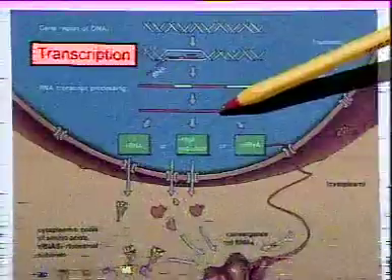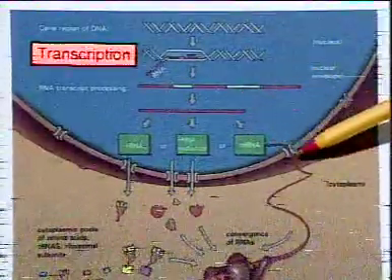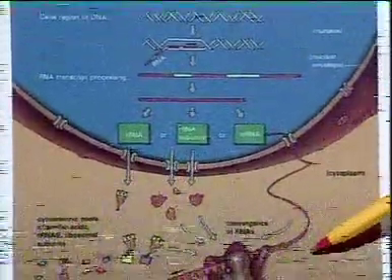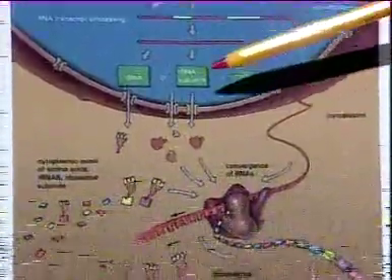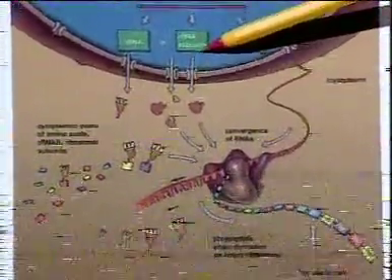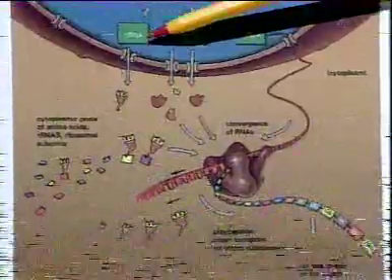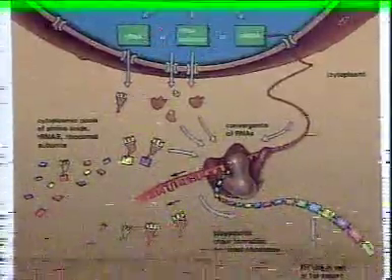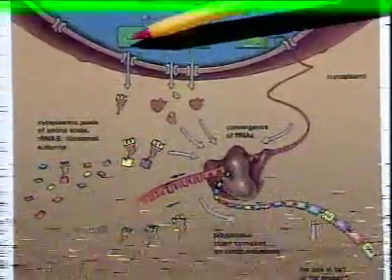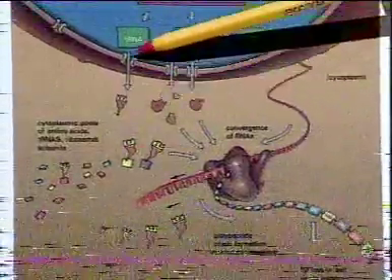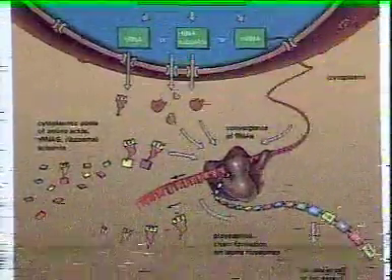Then this mature messenger RNA leaves the nucleus and enters the cytoplasm. At the same time, ribosomal RNA subunits and transfer RNAs are produced within the nucleus and leave the nucleus via the nuclear pores to enter the cytoplasm.